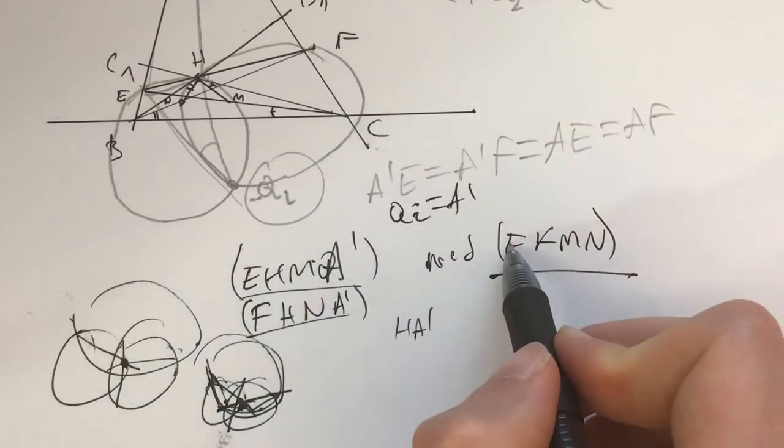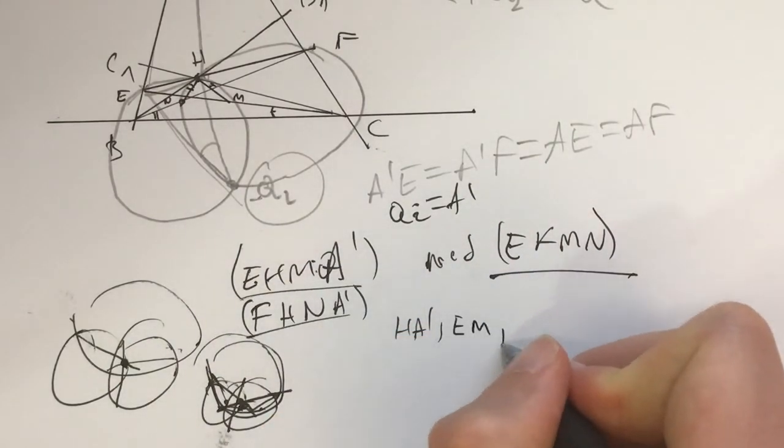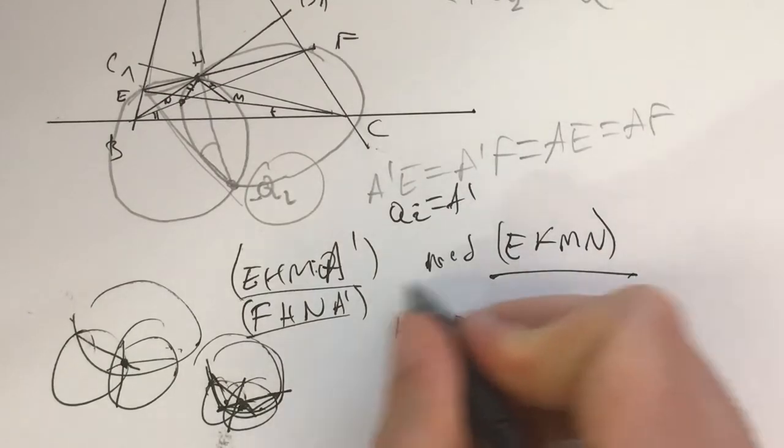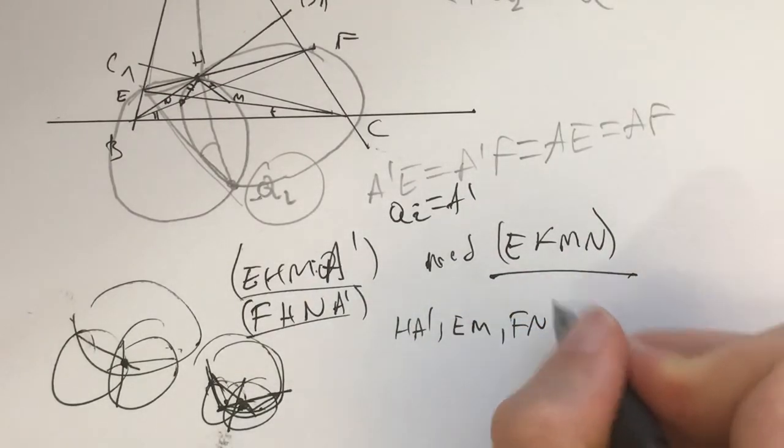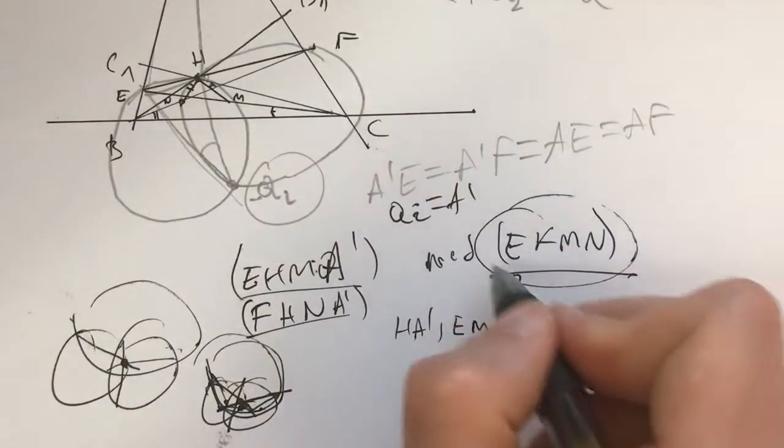The common thing for these two is EM and FN. If these three points concur, then we can know that this is in fact concyclic.